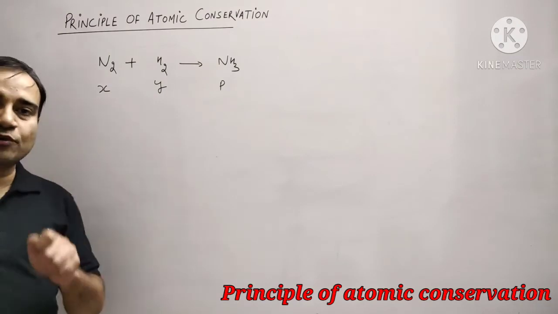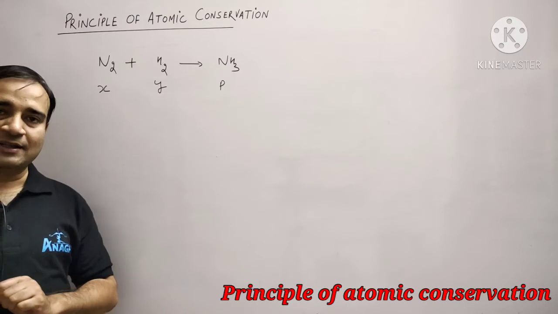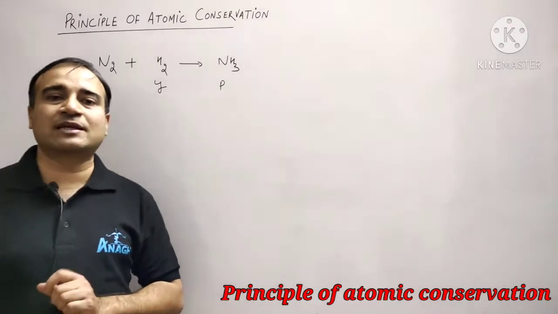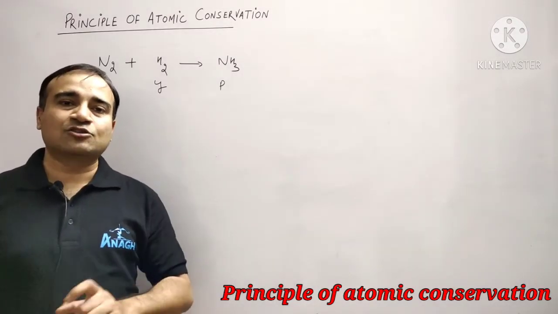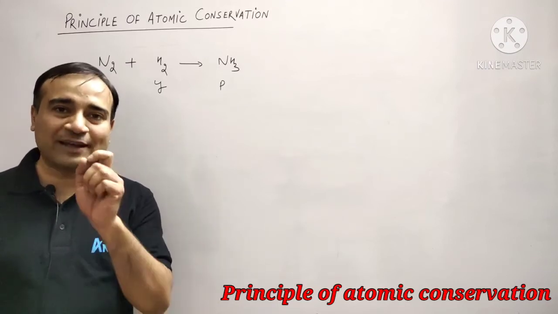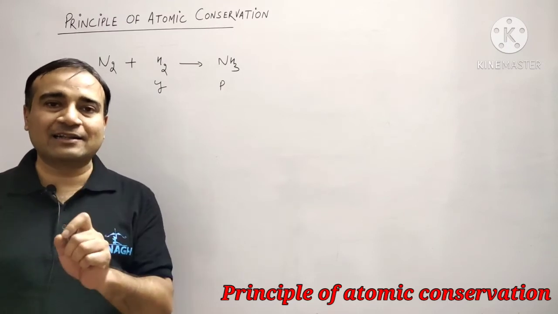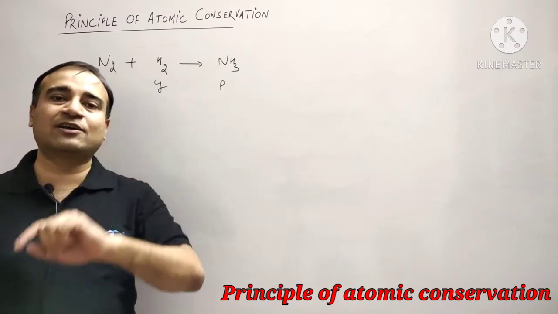How can we use POAC and solve this problem? Do not forget that POAC is a concept of atomic conservation. So we are going to determine the number of moles of atoms of any element and equate those numbers on both sides of the reaction.